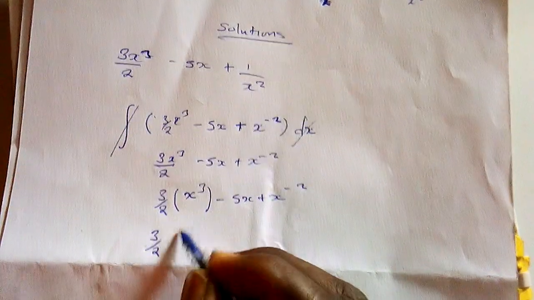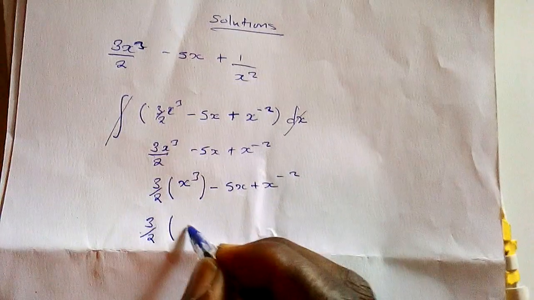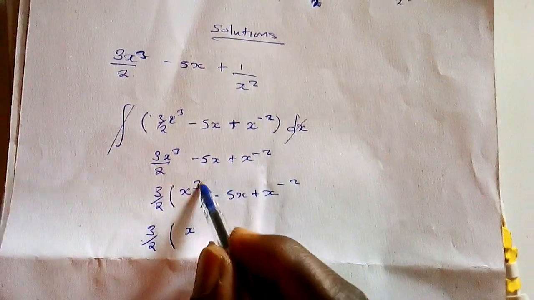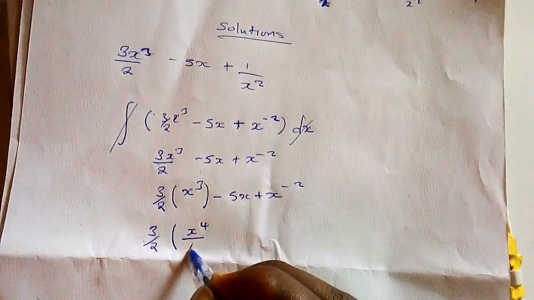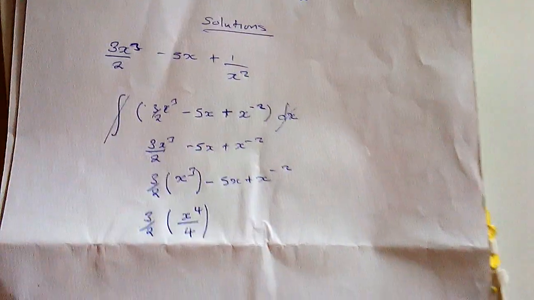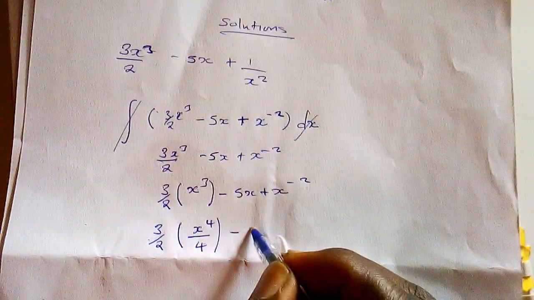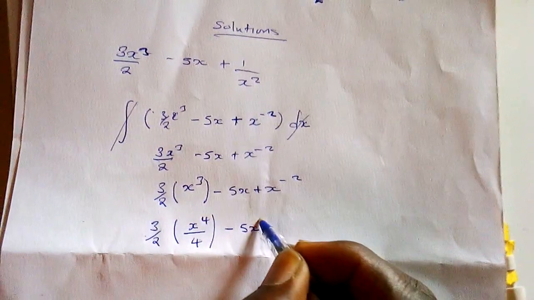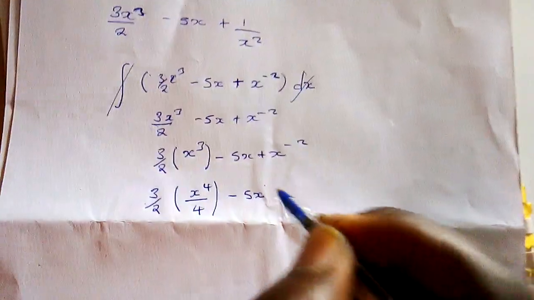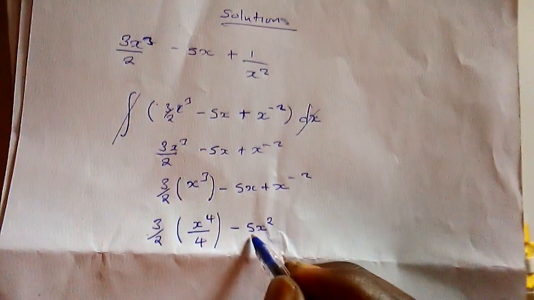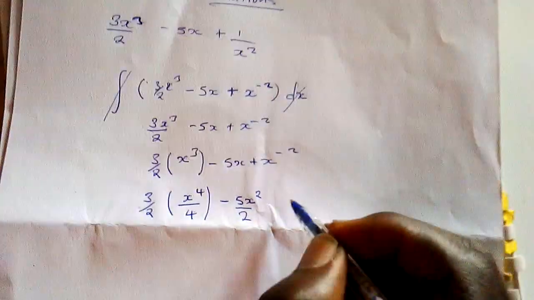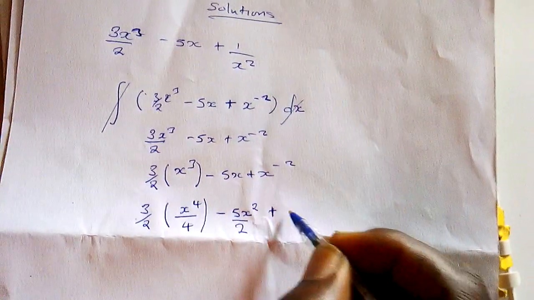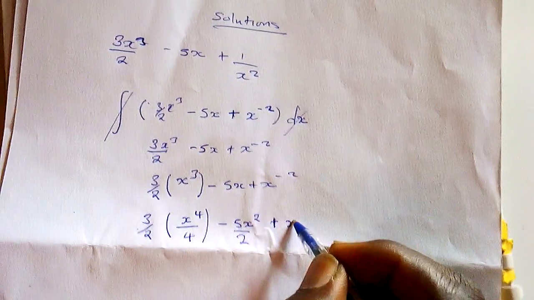Then open bracket, x: when we add 1 there, it will be x to the power 4 over 4. Then minus 5x to the power 2, since there is a power 1 here, so it will be a power 2, over 2. Then x.